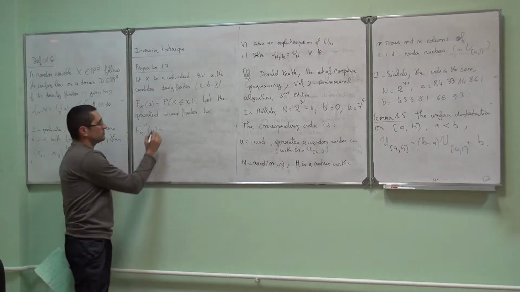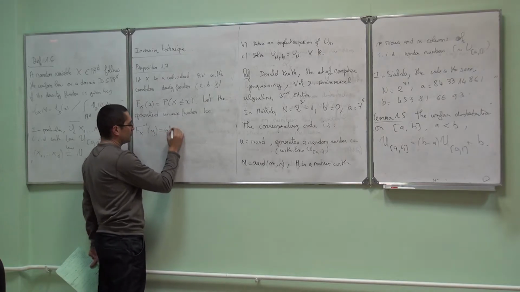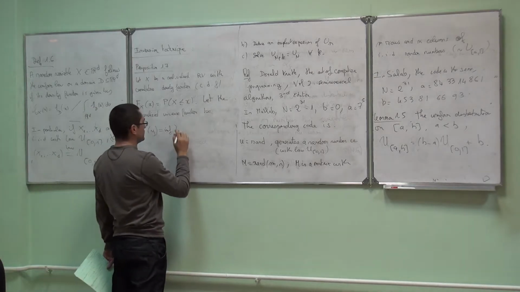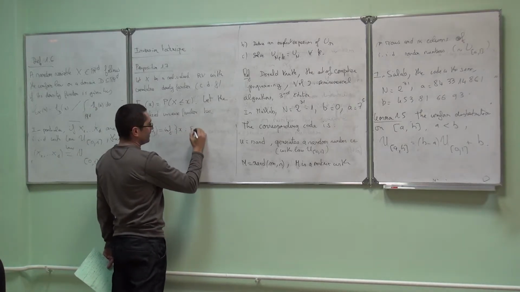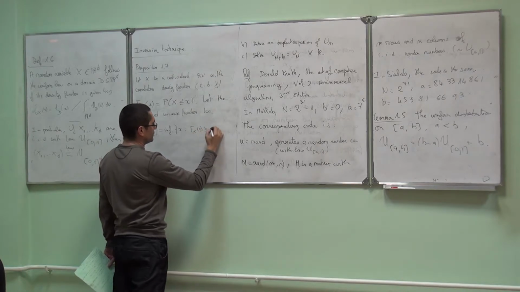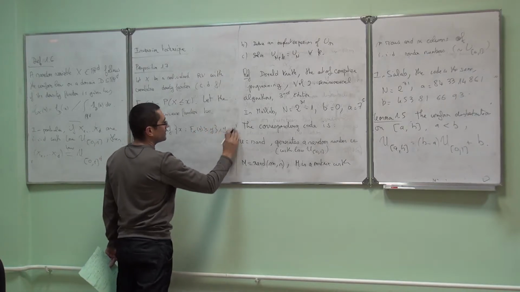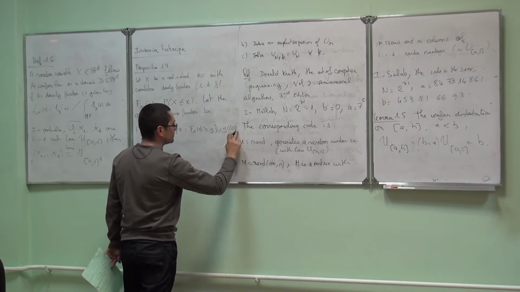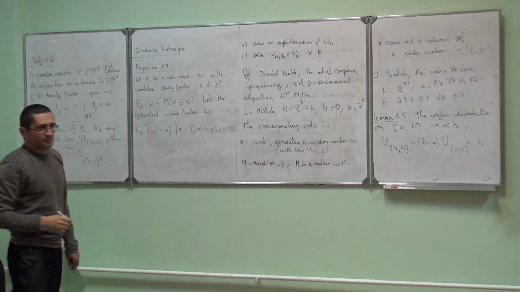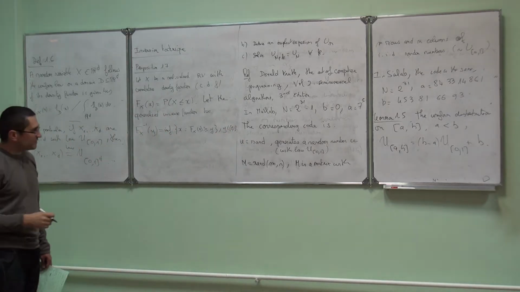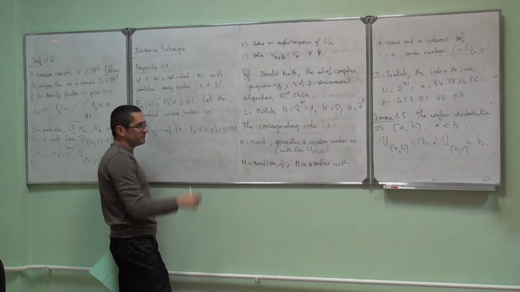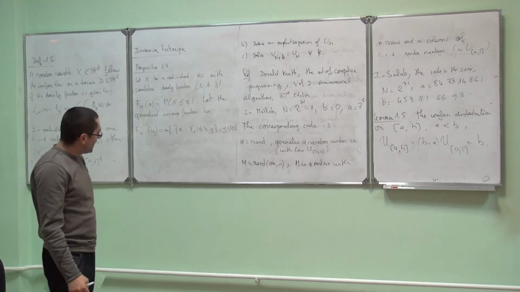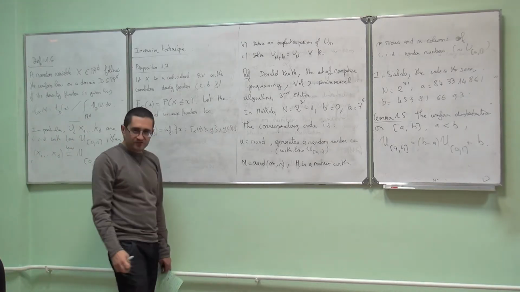By definition, this is the infimum of all x such that FX of x is greater or equal than y, and y belongs to 0, 1. Okay. Of course, if y equals 0, this is minus infinity. Because all x satisfies FX of x is positive.